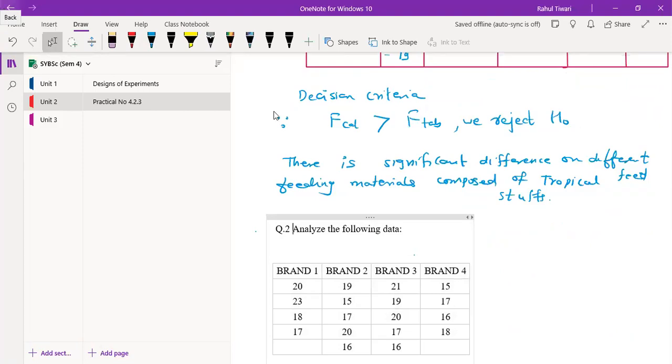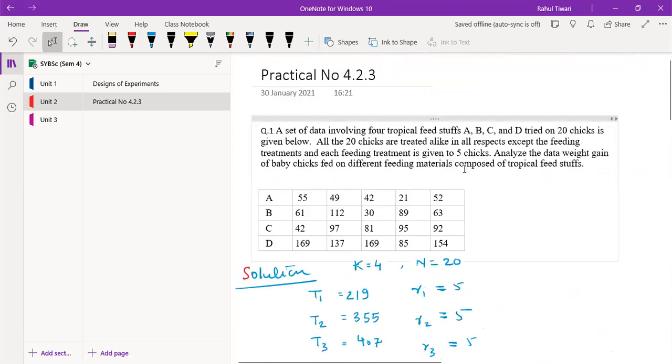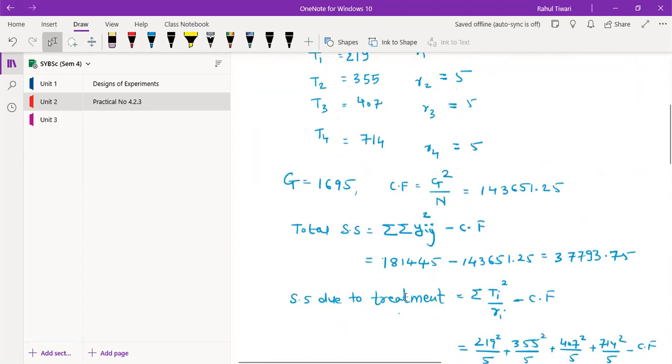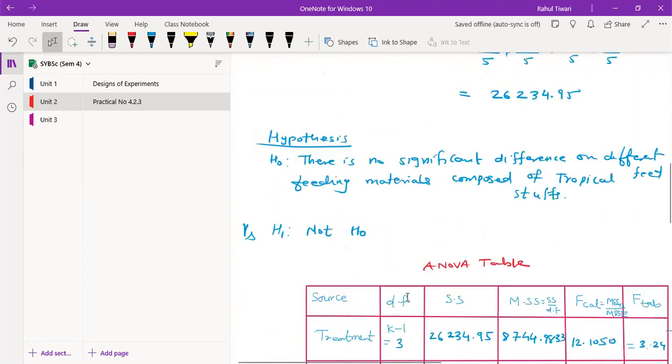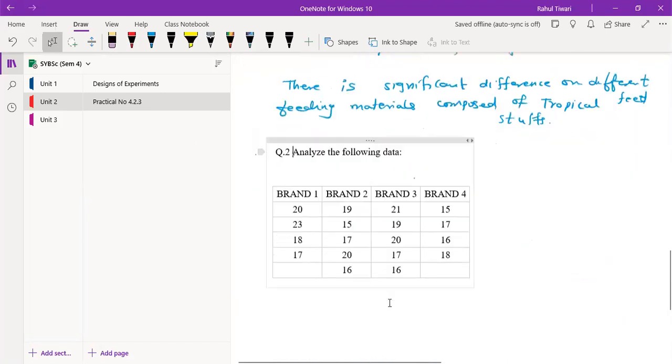Then further we are not saying that you check the difference between which treatments are equal or not. If they mention which treatment between A and B is best, then you have to go for the critical difference method. Otherwise, you need not go for the critical difference method. So make sure that there is no confusion.